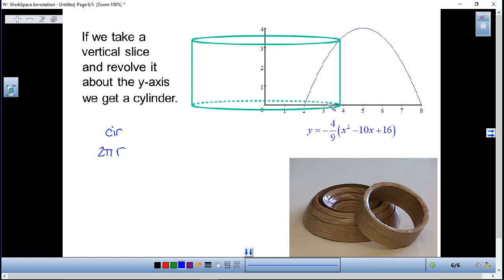In this case, our r is once again our x value. And then times the height, which is negative 4/9 times x squared minus 10x plus 16. And then our thickness of our slice, which is dx. So there is the volume of 1.